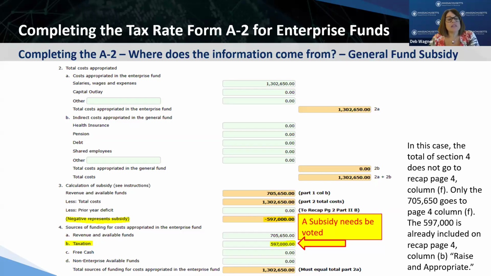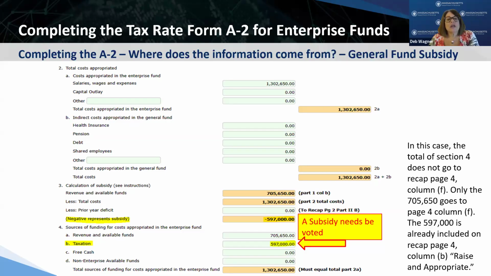So you see that reconciliation here in the calculation of subsidy section, Part 3, and you see that the negative represents a general fund subsidy. So they're going to have a $597,000 general fund subsidy.